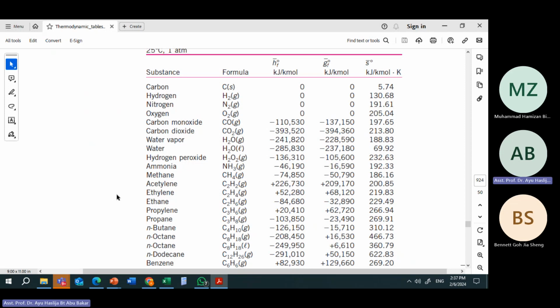If no mention, we can assume as a vapor. Dia tak mention. So we assume as vapor.